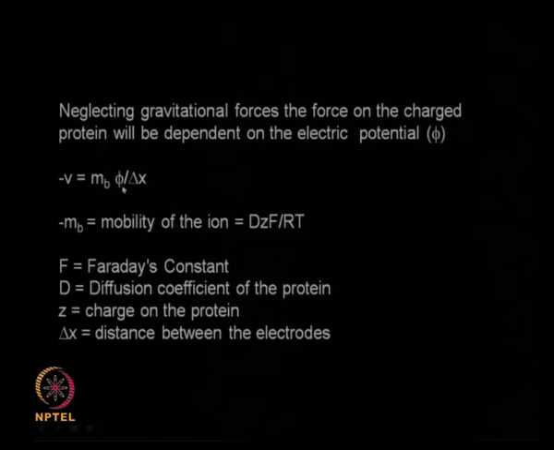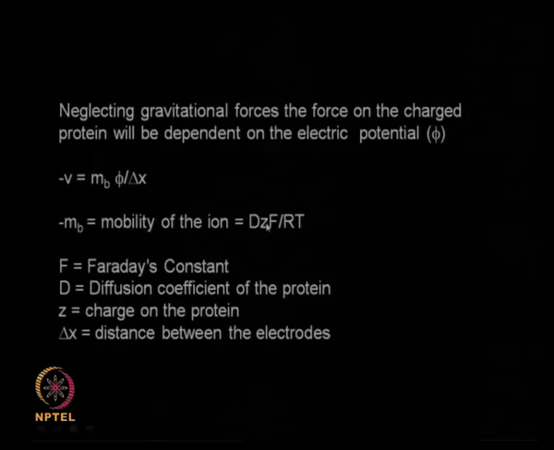Now this mobility is again dependent on several factors: D, the diffusion coefficient; Z, the charge on the protein; F, the Faraday constant; R, the universal gas constant; and T, the temperature. So you see the mobility is a function of the diffusion coefficient and of the charge.